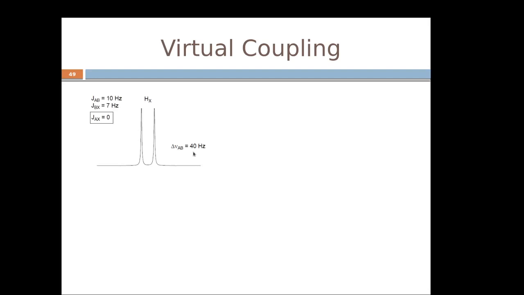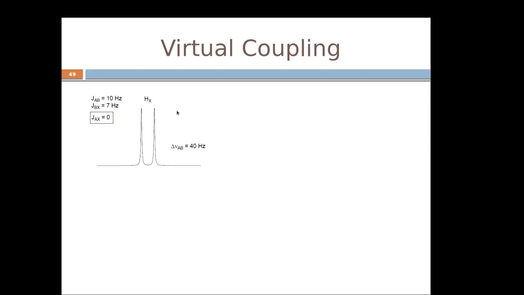Here is an example. Here we assume that the coupling constant between the A and B nuclei is 10 Hertz and the coupling constant between the B and X nuclei is 7 Hertz. They are only slightly magnetically non-equivalent. And we assume that JAX is 0 because the A and X nuclei do not couple.